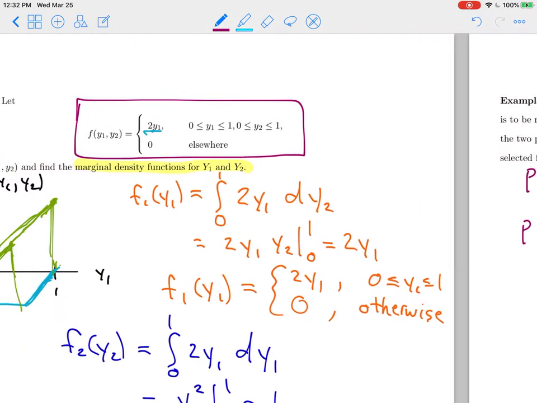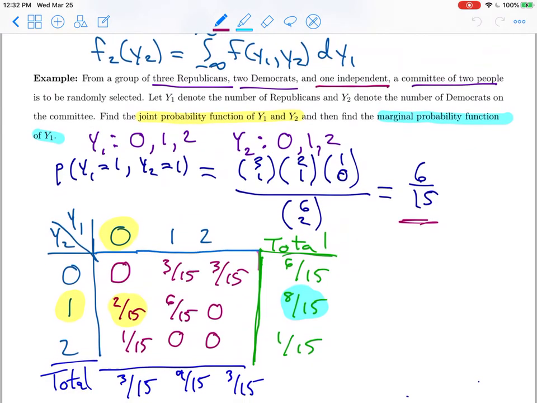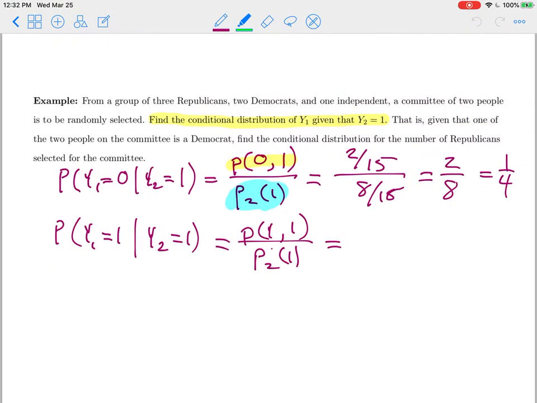Right, so when we look back, we have 6/15 right there in the middle of that. So that 6/15 is y1 being 1 and y2 also being 1. That value on the bottom is still the 8/15. So we get 6 over 8 or 3/4.